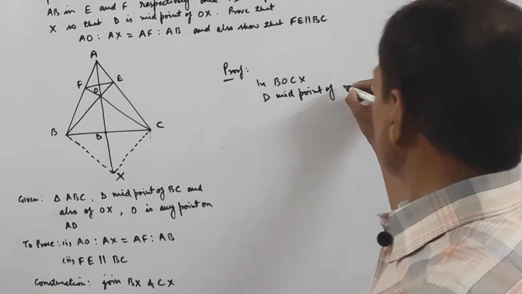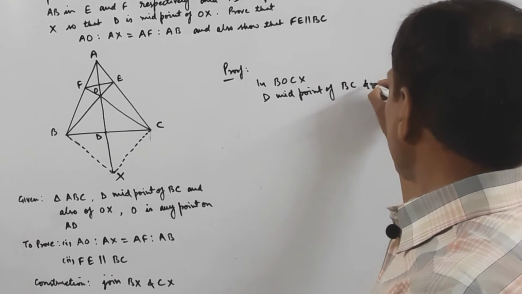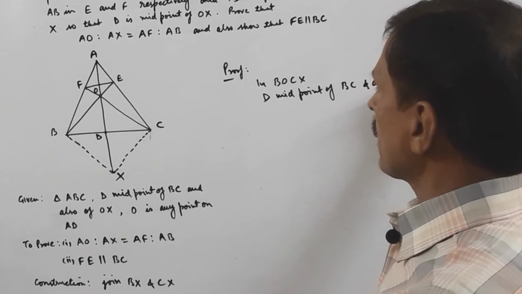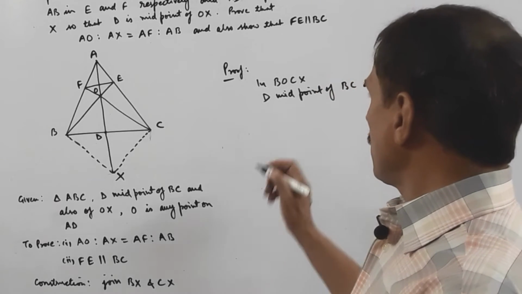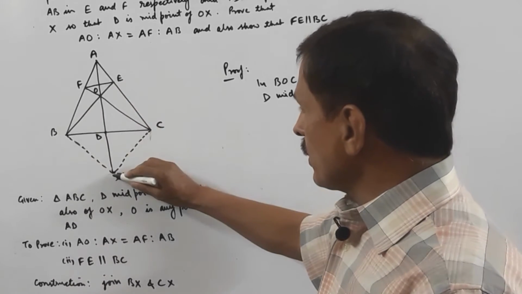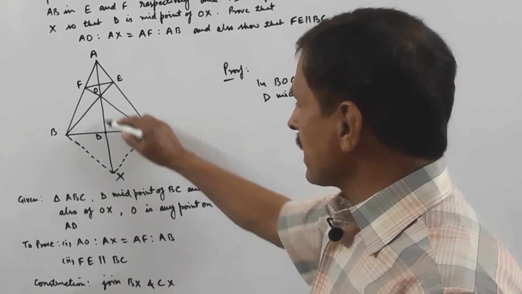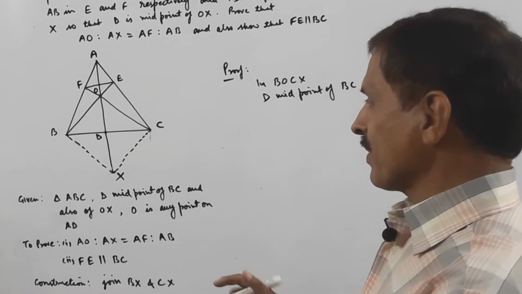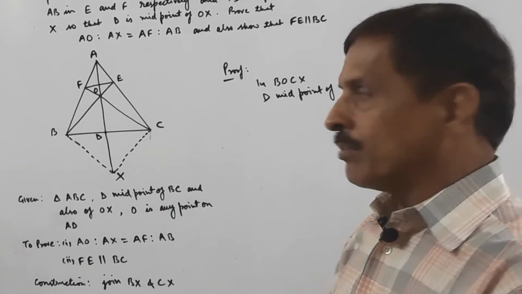So in BOCX, the diagonals OX and BC bisect each other. Hence, BOCX is a parallelogram.